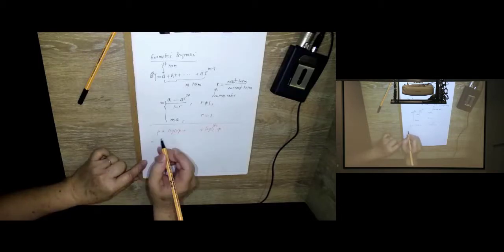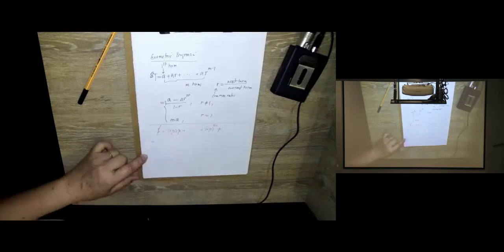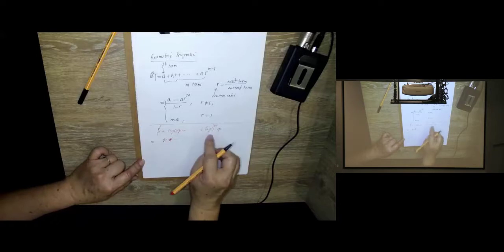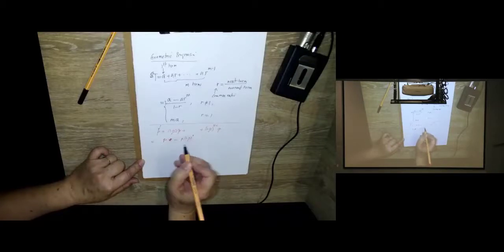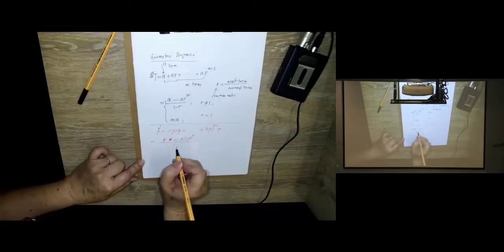Okay, so this is the first term, and this is our A. And this is the common ratio minus the term after the last term, which would be P times 1 minus P to the power x, over 1 minus P.